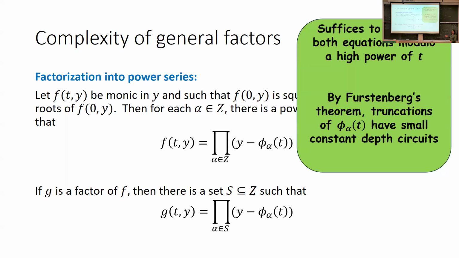These truncations of the power series have small constant depth circuits, and a product of small constant depth circuits is a small constant depth circuit. So the factor you're looking for will have a small constant depth circuit.